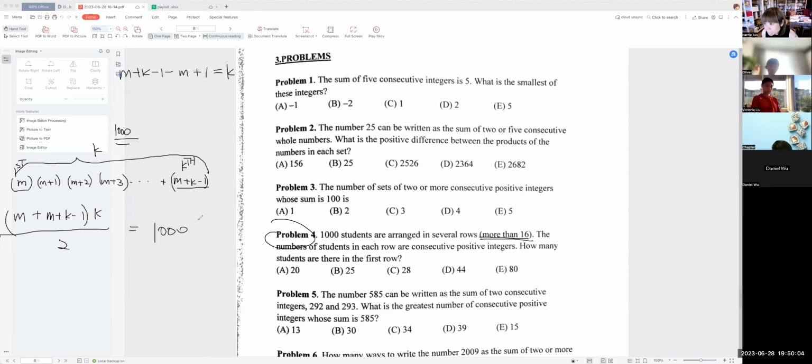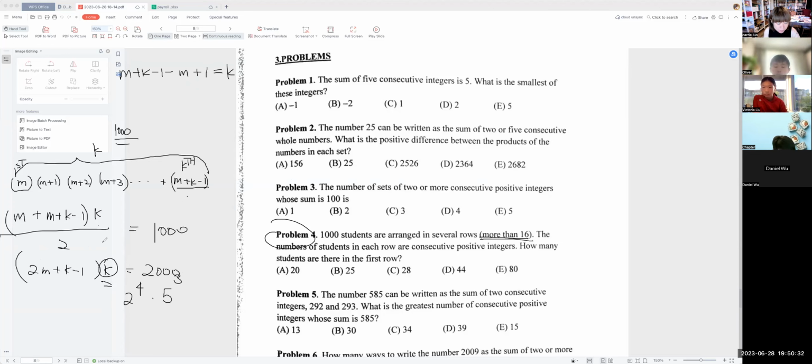Correct, everybody? 第一个加上最后一个乘以 k 除以2，是不是等于1000？OK，好，那我们来看看这个加起来等于多少。So it's (2m plus k minus 1) times k equals 2,000. Correct, everybody? Okay, so 2,000 equals what? Equals 2 to the power 4 times 5 to the power 3.